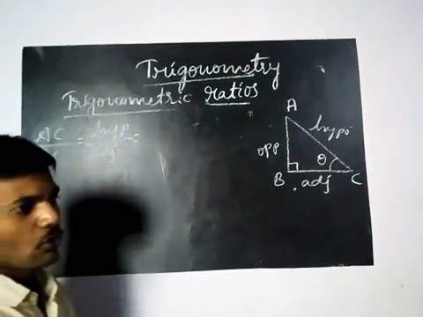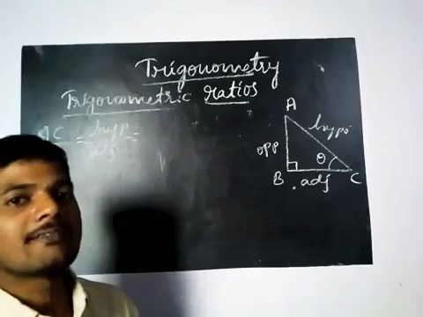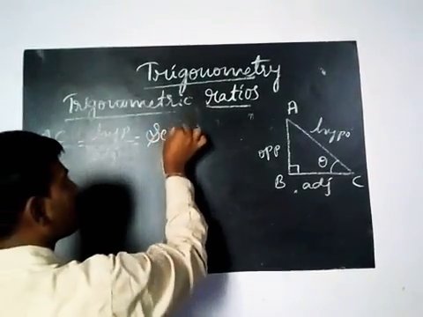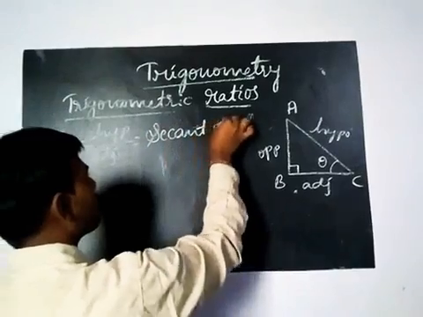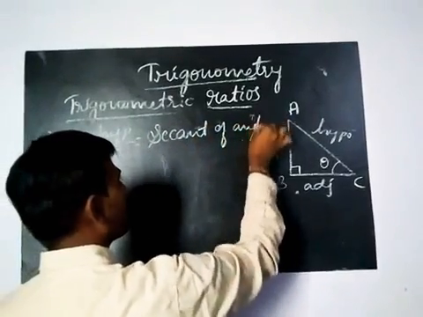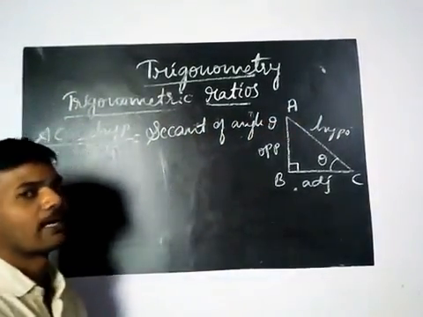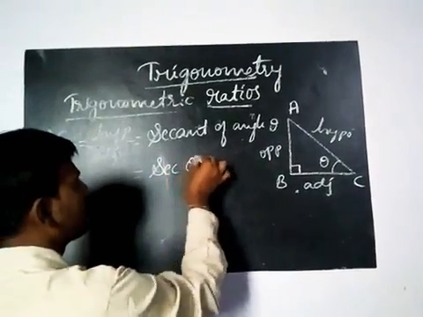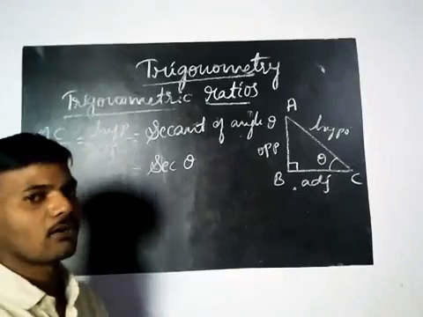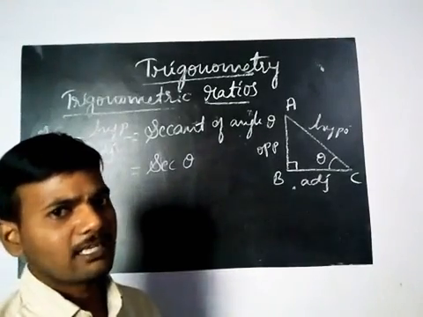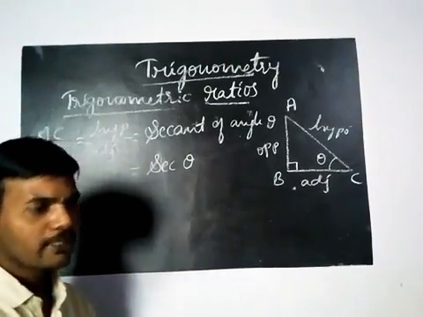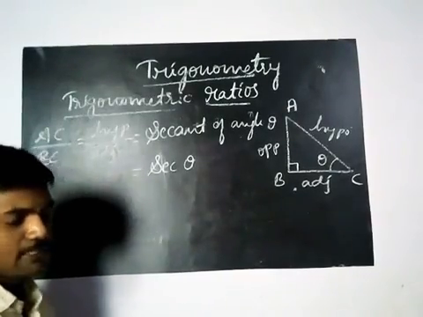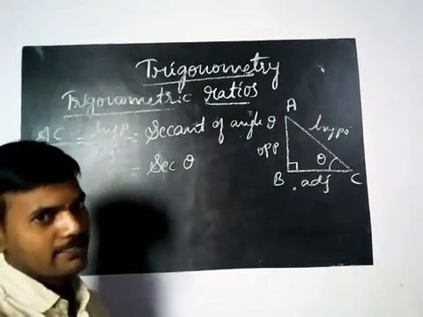In trigonometry, it is known as secant of angle theta. In short form, it is called sec theta, or you can call it secant theta. Secant theta is the ratio of the hypotenuse to the adjacent side.